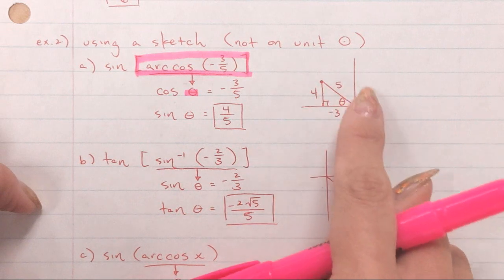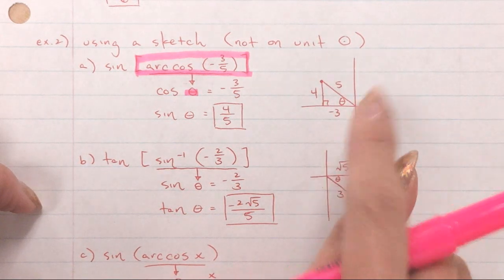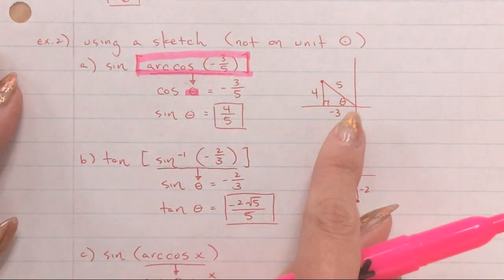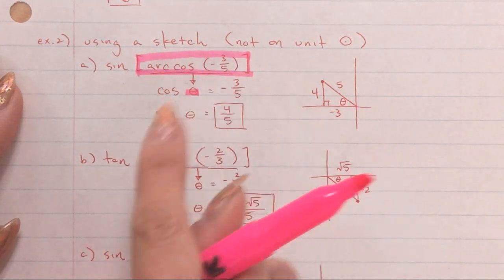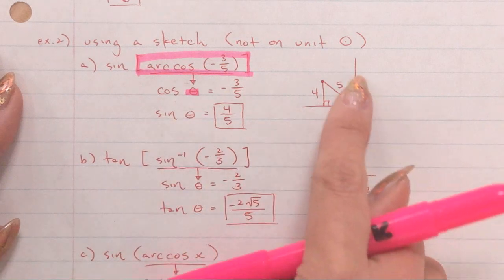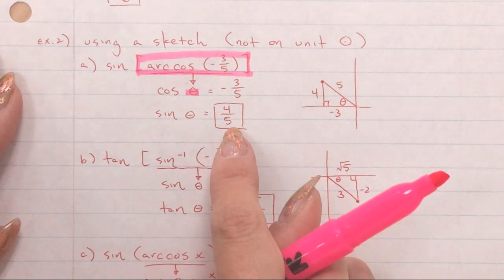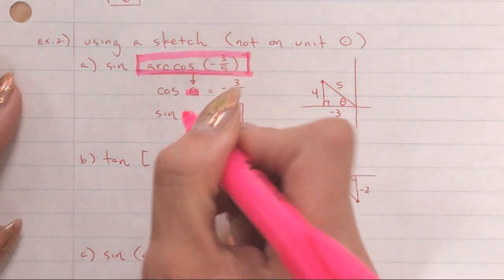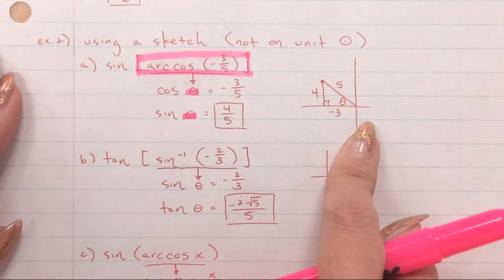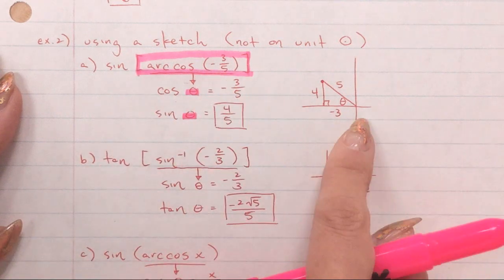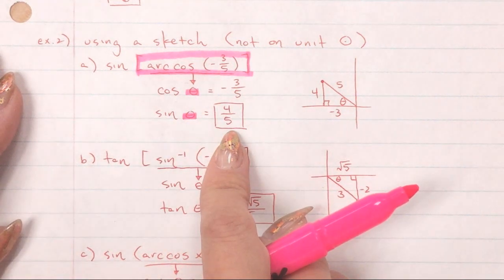So then I use this picture as my theta, and then once I have the picture, I'm just finding the sine of theta, and the sine of this theta is 4 over 5, opposite over hypotenuse. So this represents theta, that whole thing, and then I get the sine of theta, which is this.